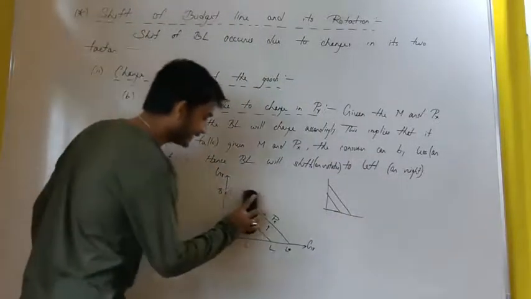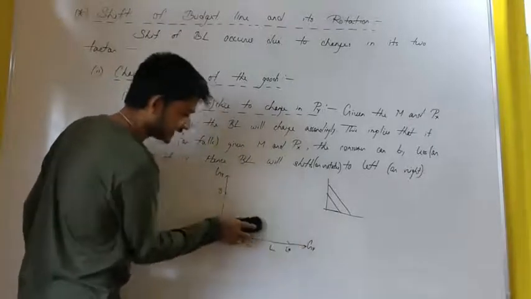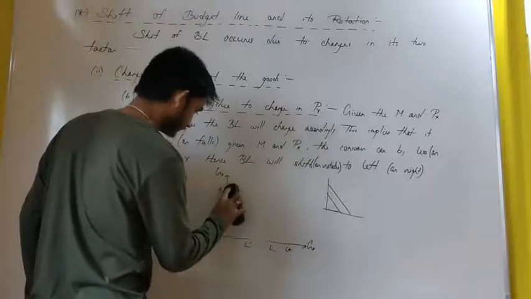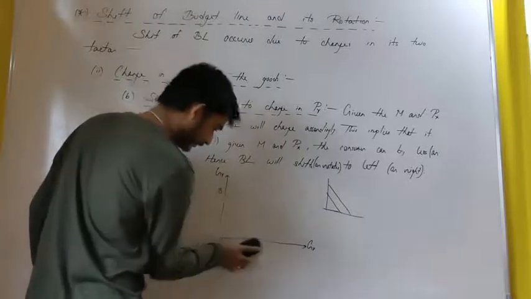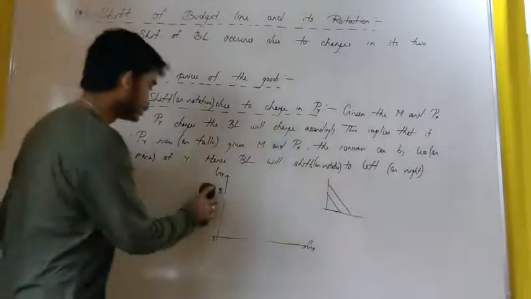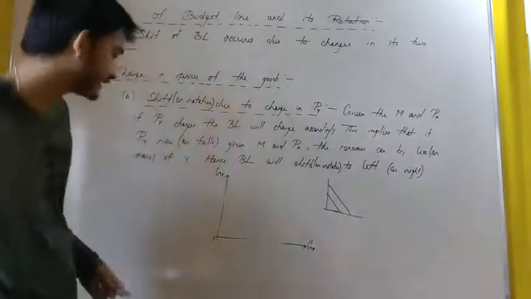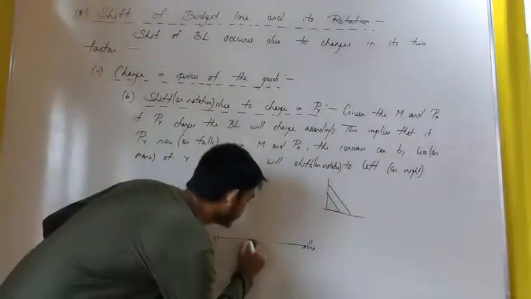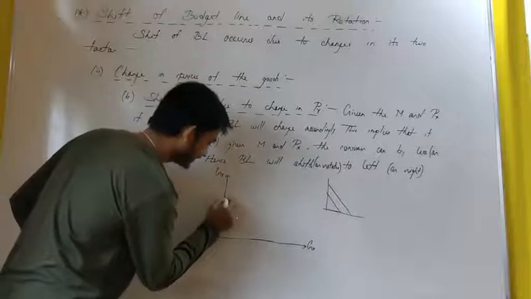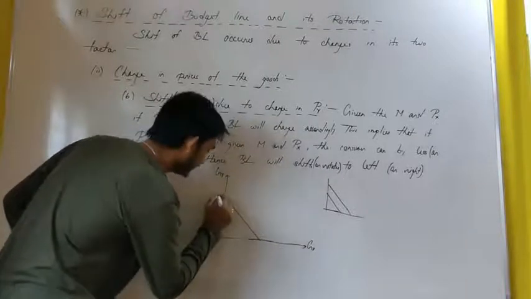And let me show this with the help of a diagram. So in the vertical axis we are measuring good Y, and in the horizontal axis we are measuring good X.